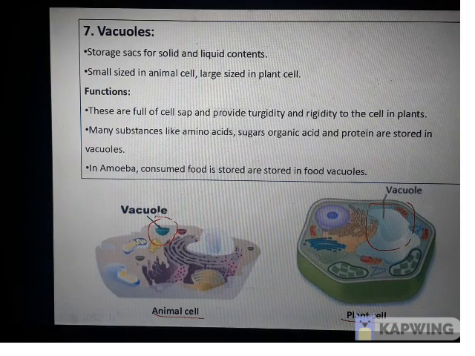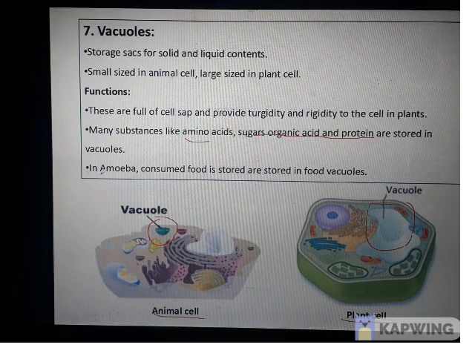In plant cells it is very large and it helps in turgidity. That is, it helps the plant to stand against gravity, and it even acts as a storage bag for substances like amino acids, sugars, organic acids and proteins.